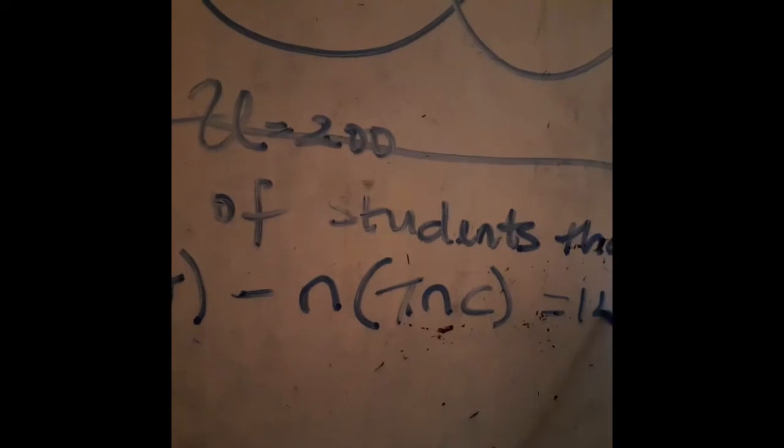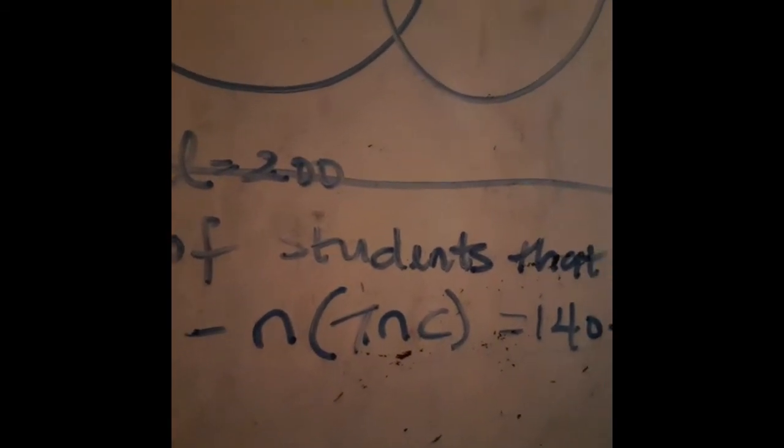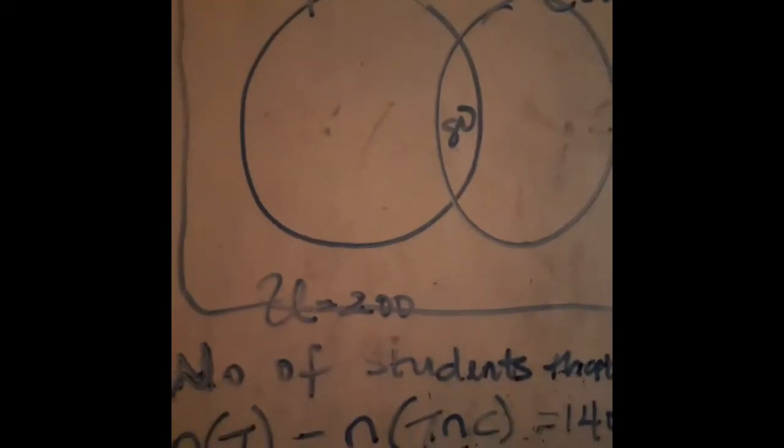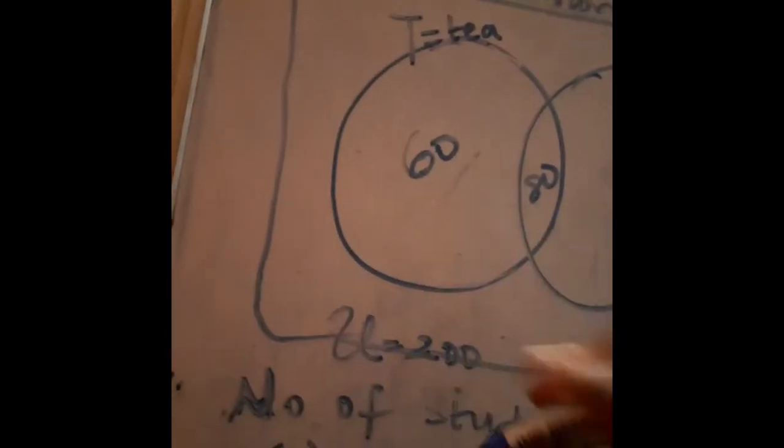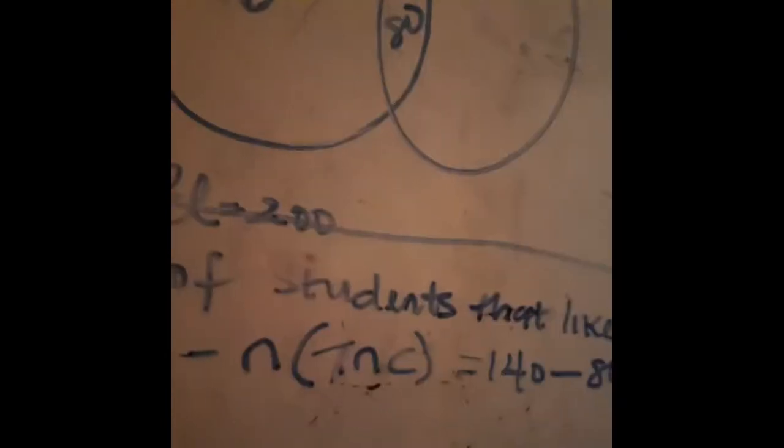So 140 minus 80 gives us 60. The number of students that like tea only is 60. And if you can see, the number of students that like tea is 60 plus 80. Those that like tea only is 60, and those that like both tea and coffee are also included, so we add it. So that's for the number of students that like tea only.